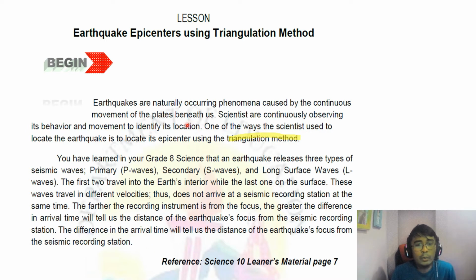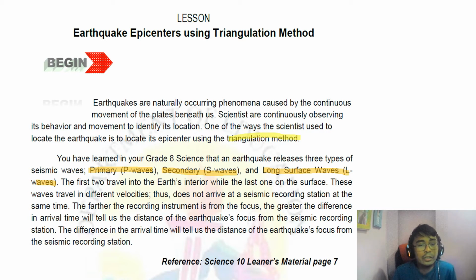Okay. Now, we have learned in your Grade 8 science that an earthquake releases three types of seismic waves, right? We have the primary waves, the secondary waves, and the long surface waves. The names are P waves, S waves, and L waves.